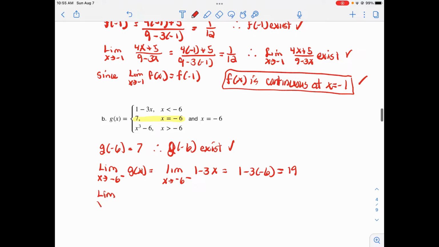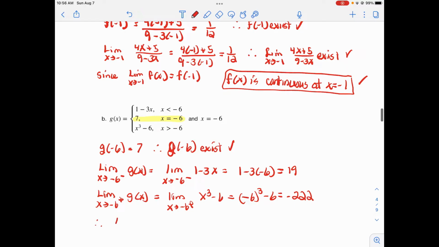And then I need to do the limit as x approaches -6 from the right. Looking at our piecewise function, that tells me I should use the bottom equation. Again, doing direct substitution, that gives me -222.